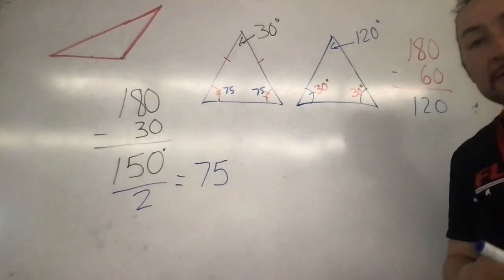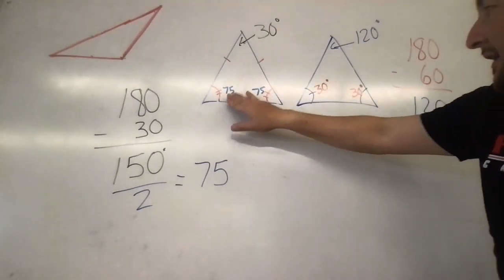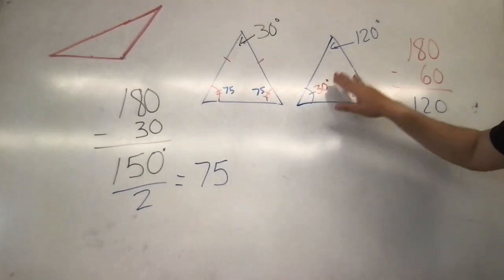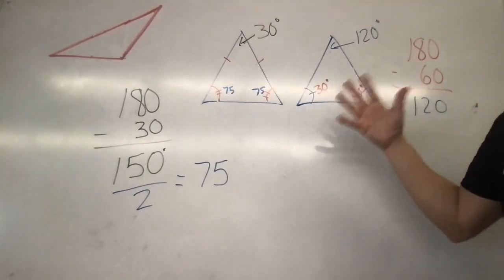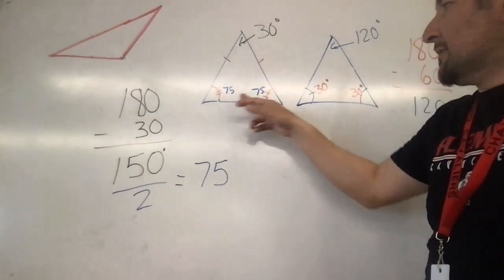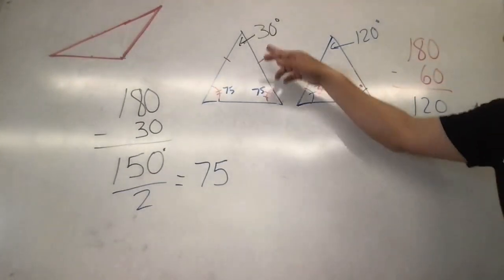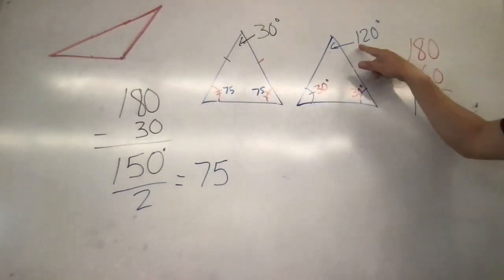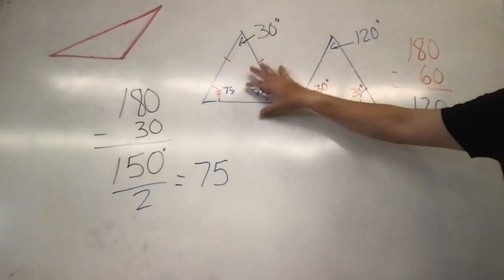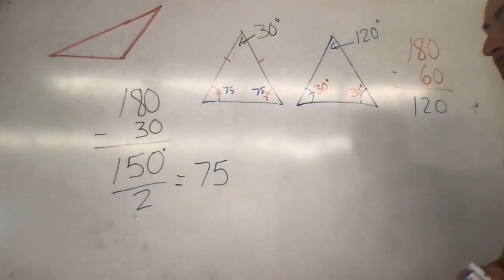So when you are asked to click on all the possible answers, you're going to click 75, 30, 120, all of those. If you had stopped here and only clicked on these two answers, it would mark it as wrong, because a triangle with a 30-degree angle can also look like this and have that. So you have to do both of them when the number they give you on an isosceles triangle is small.